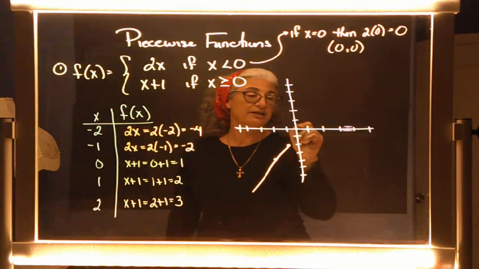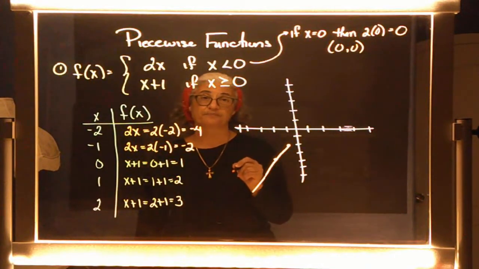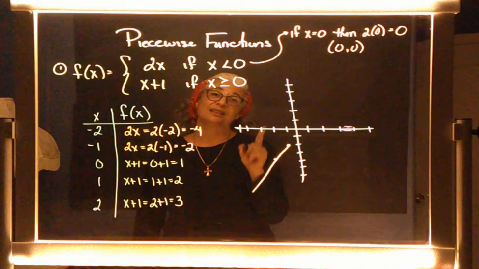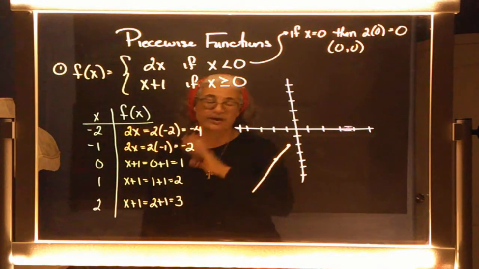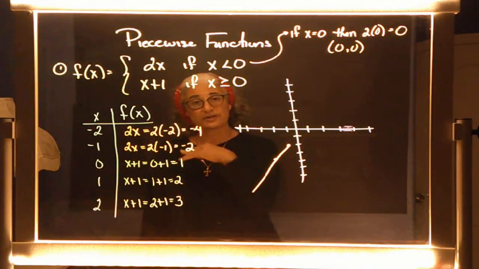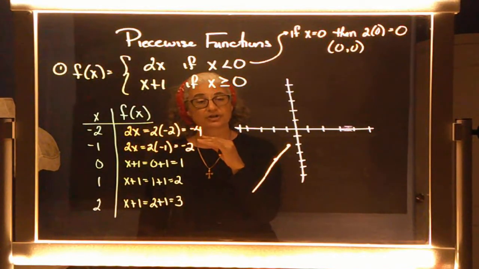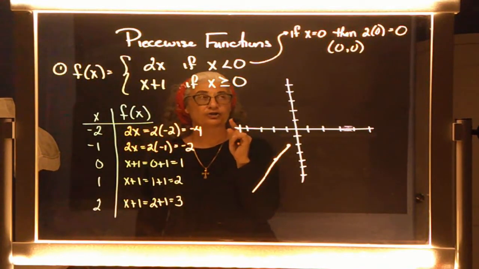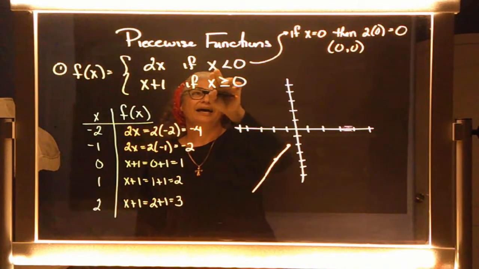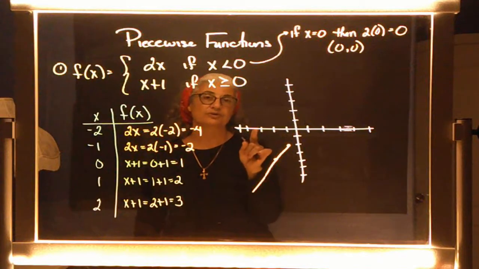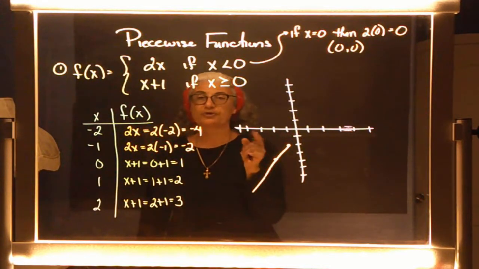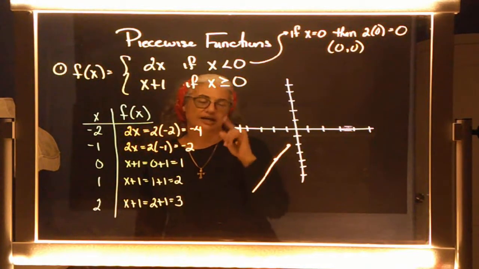Which means right here is where we would end, wouldn't it? But was I allowed to let x actually equal 0? You're right, I wasn't. So remember with the inequalities, when you had an inequality and it was not equal to, what did you put? An open or a closed circle? An open circle.